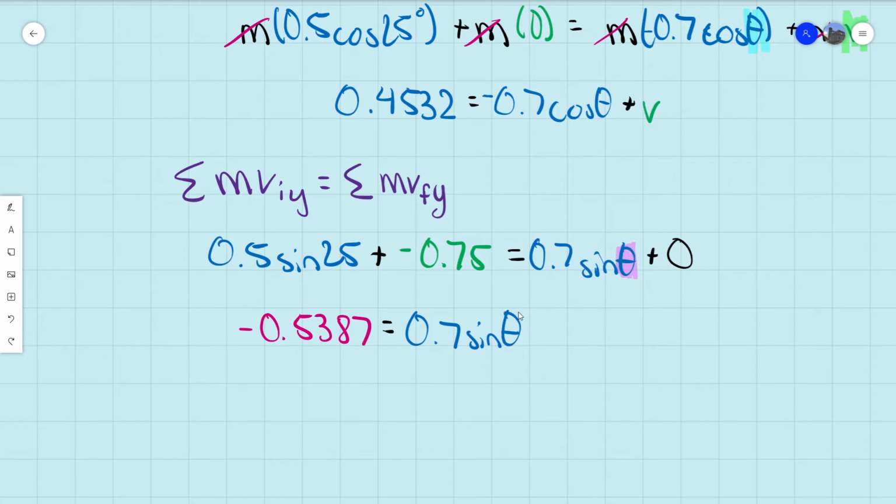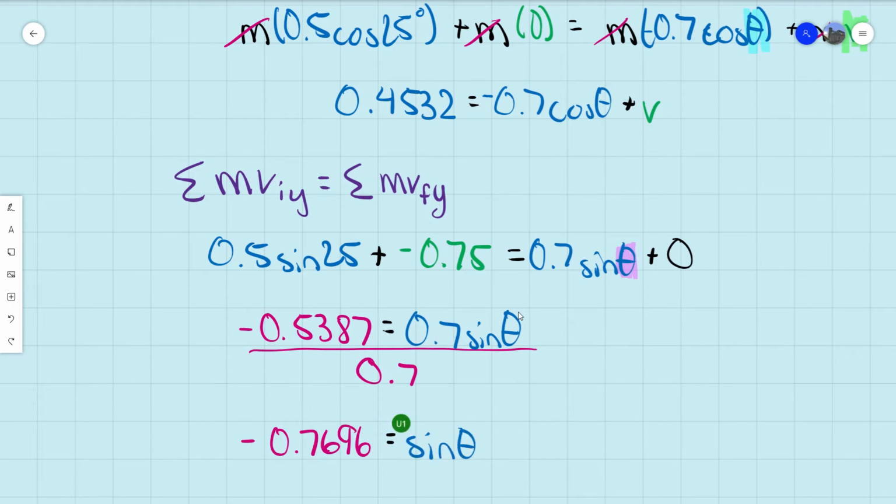Now, next thing I'm going to do is divide this whole thing by 0.7. All right, and then this becomes negative 0.7696. Oops. Good thing I read that because I definitely wrote that wrong. Negative 0.7696 equals the sine of theta.